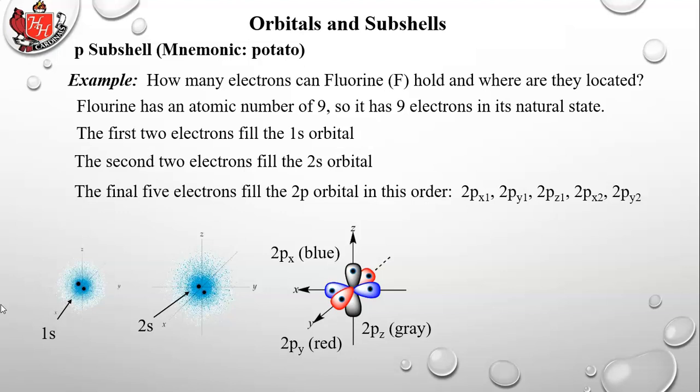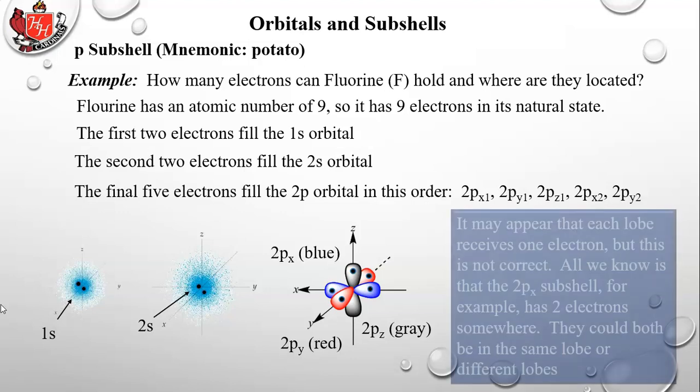The fourth electron goes into the px orbital, and it's the second electron, so we call it px2. Again, that's the blue. And then finally the last electron, the fifth one, goes into the red orbital. That's the py. And then that's all the electrons. So another electron does not go into the pz orbital. So that's how the electrons would be distributed.